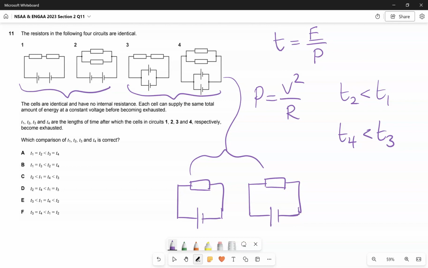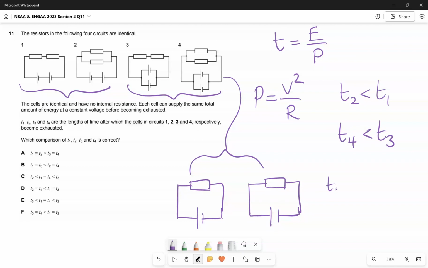which with its own cell. And that looks pretty similar to 1 actually, because you've got 2 of these cells and then 2 of these resistors. And that's going to take the same amount of time as if we just had 1 resistor and one cell, because each one would essentially be getting the energy just from one cell. So 4 and 1 we expect to be the same.